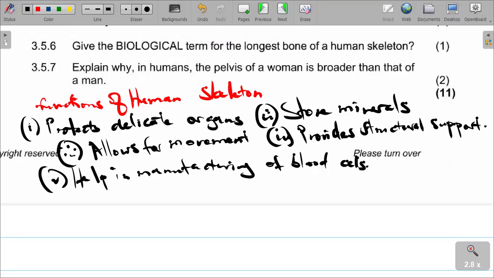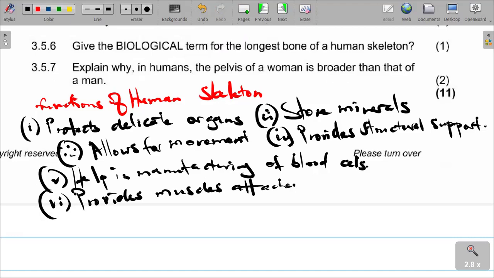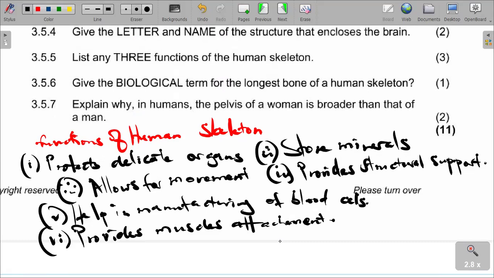And then lastly, I can also say that it provides muscle attachments. So these are various points that we can give in order to identify the functions of the skeleton.